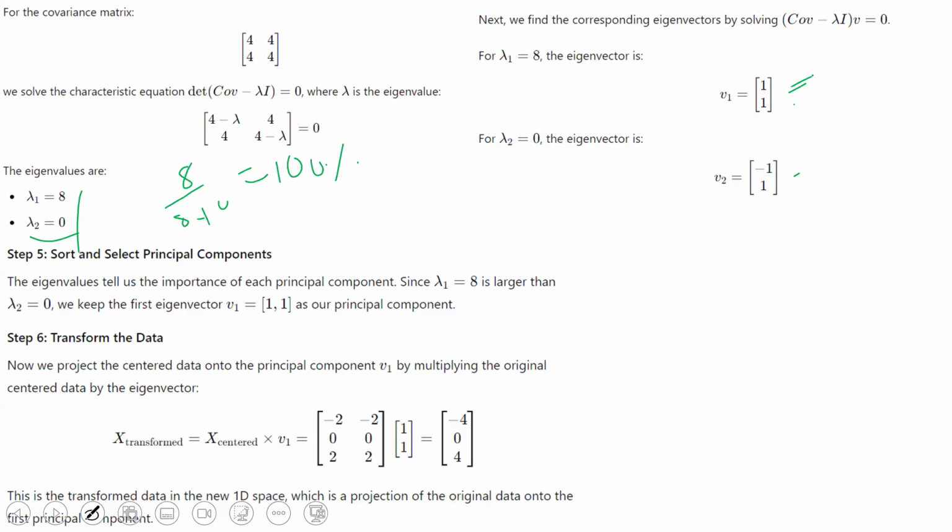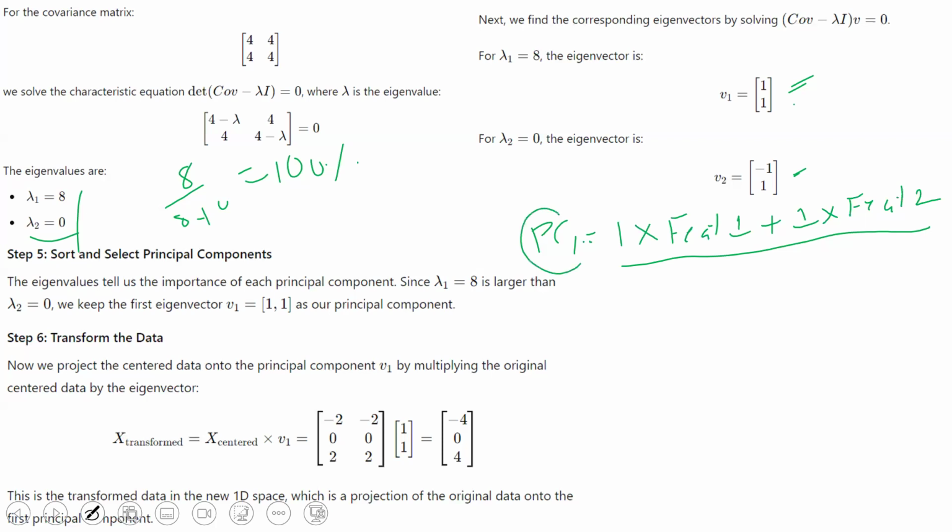Now we got two dimensions, two features, right? So these are the corresponding eigenvectors. The first principal component will be represented as 1 into feature 1 plus 1 into feature 2. So that is a linear combination of the main dimensions, and this is a new principal component.